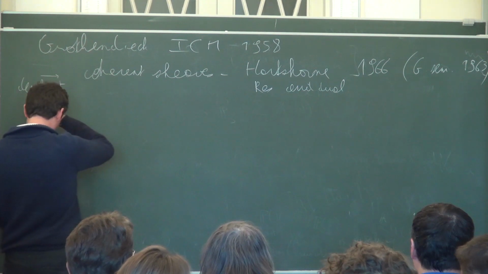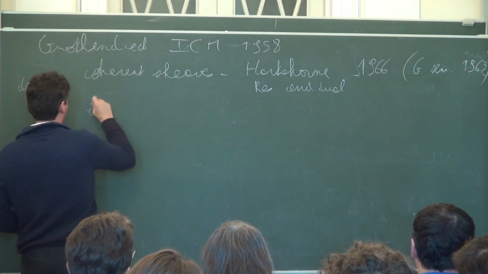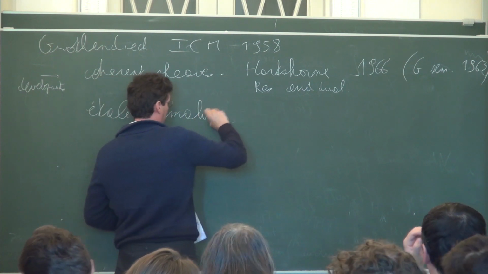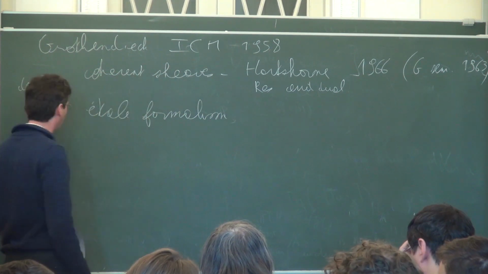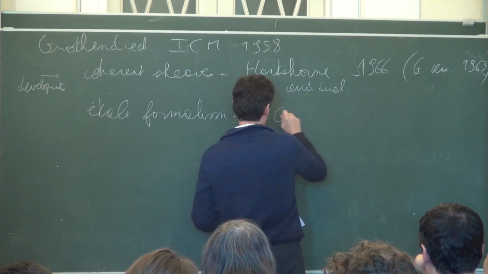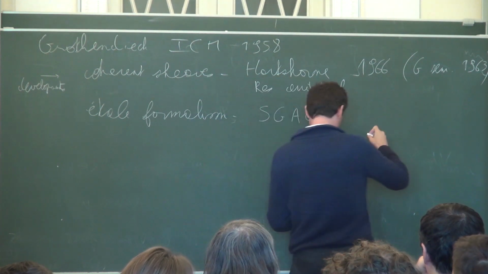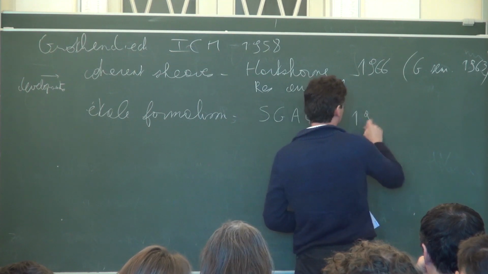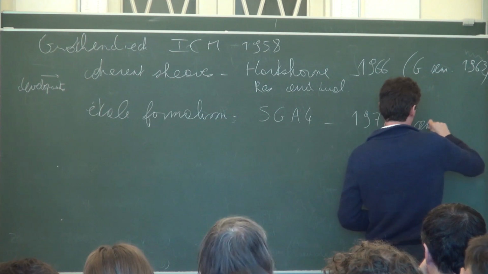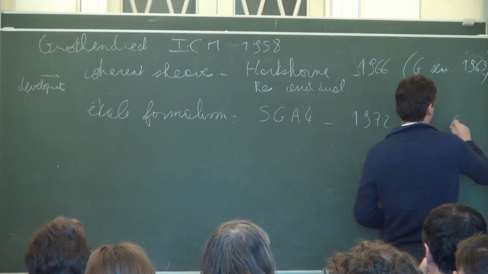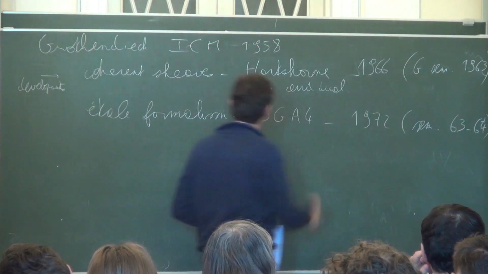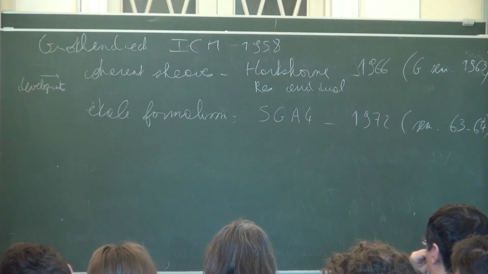Then there's a very important part, which is the étale formalism for torsion étale sheaves, and of course, this is SGA 4. It was published in 1972, somewhat late, but it's a seminar from 63, 64. So not long after this ICM announcement of Grothendieck.